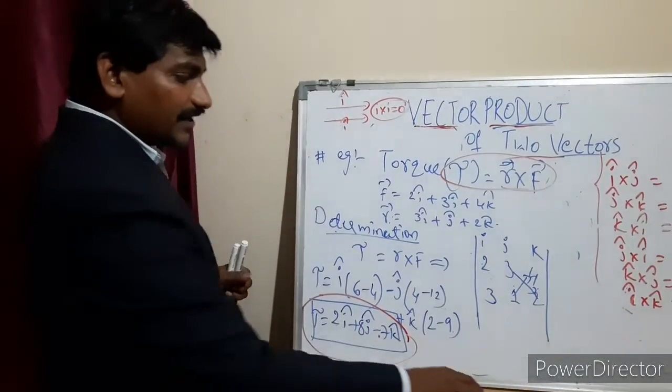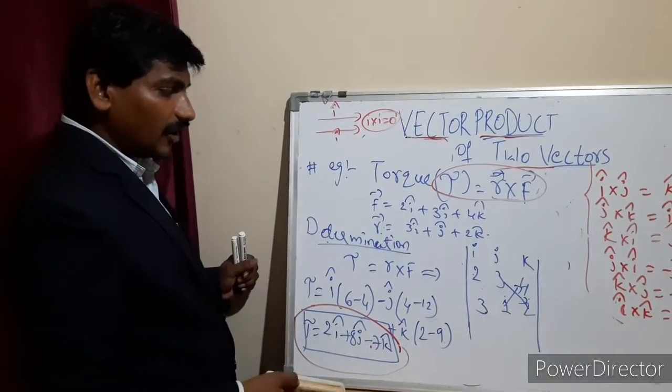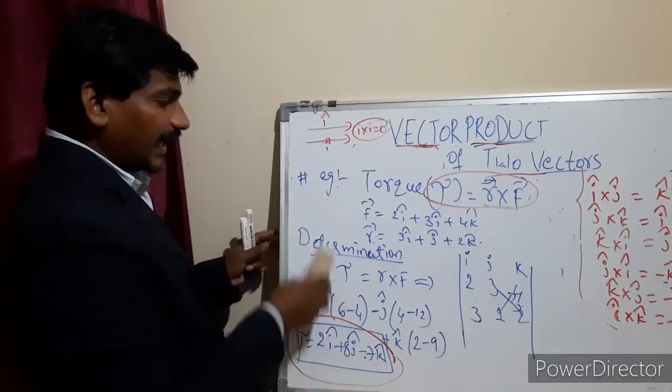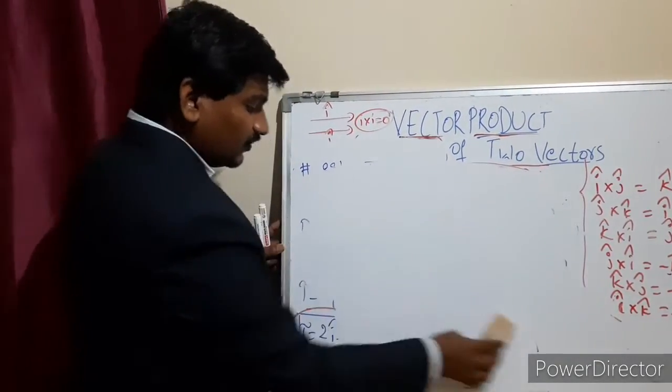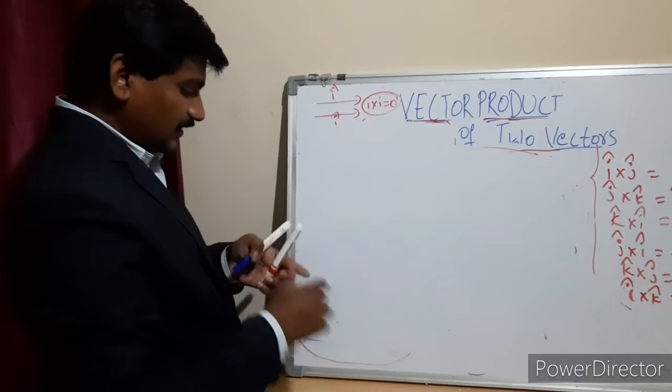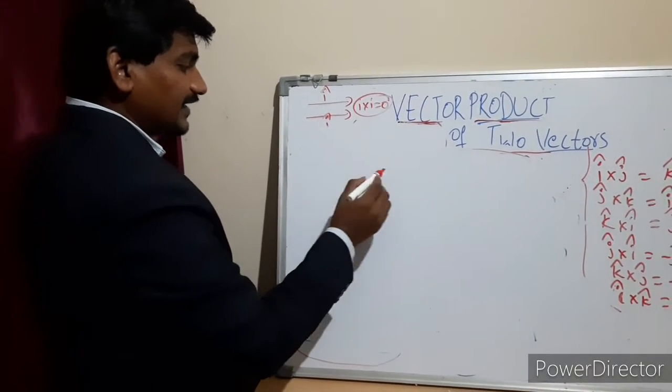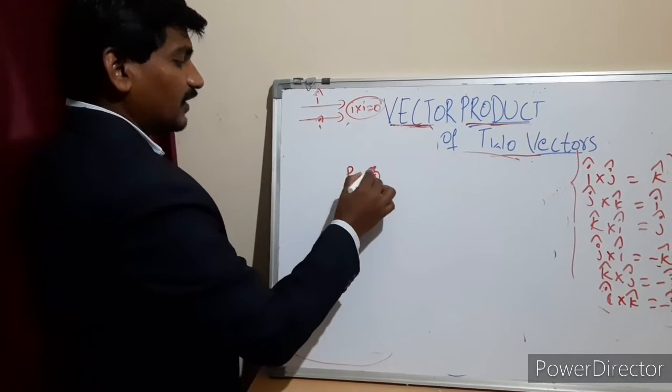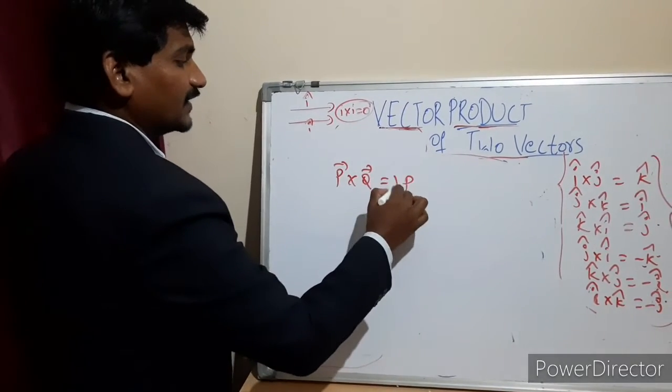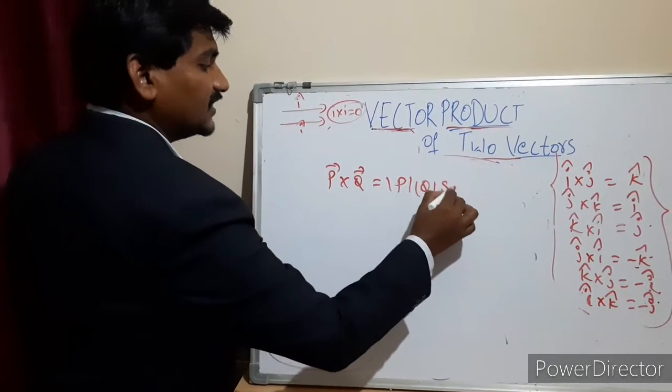Usually, in this case, if you want to represent an angle, it is the same as the basic angle, the sine angle, which we have taken. Let us say P cross Q are the two vectors, that equals modulus of P and Q times sine theta.